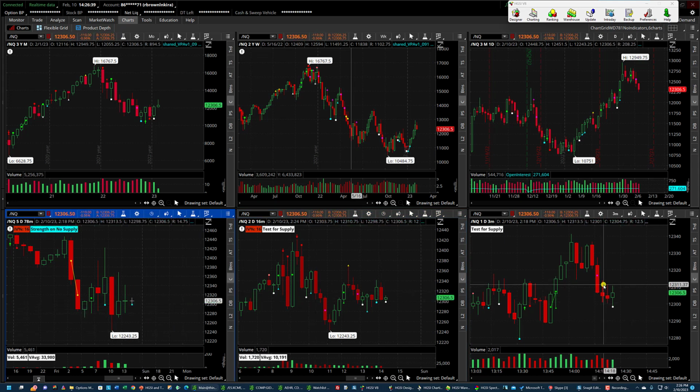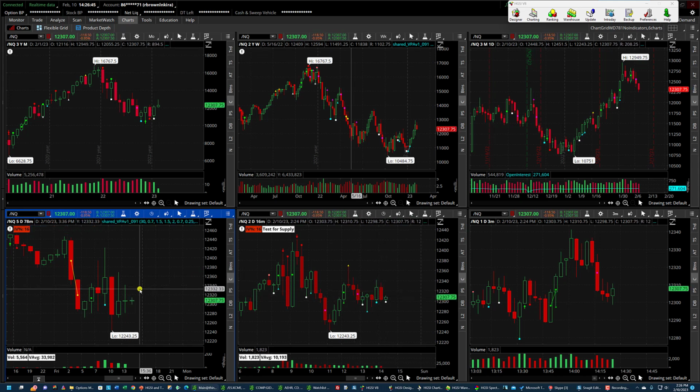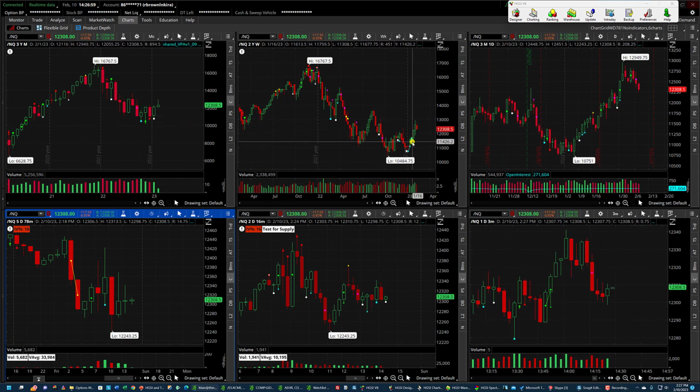In other words, 5 of these bars approximately will make up one of these bars, and 5 of the 78-minute bars will make up a bar in the daily chart. 5 daily bars make up a weekly bar, and 5 of the weeklies, close enough, make up the monthly bar.